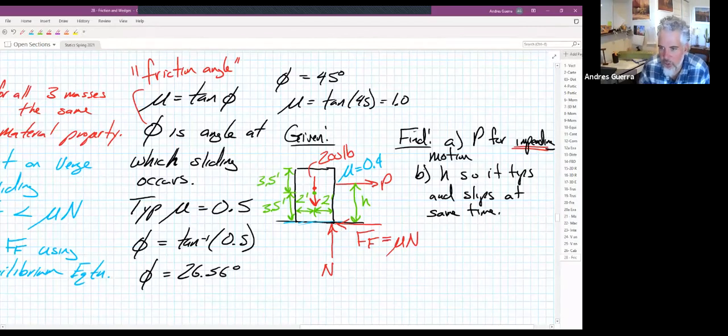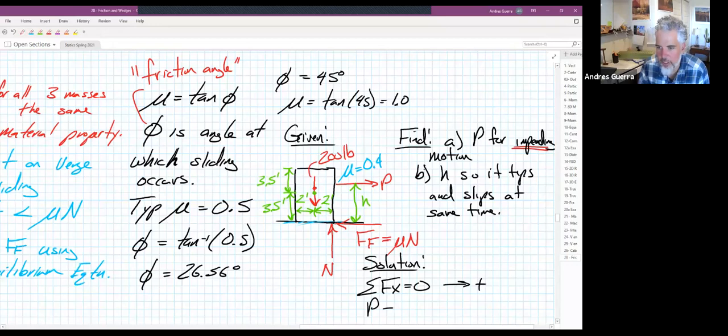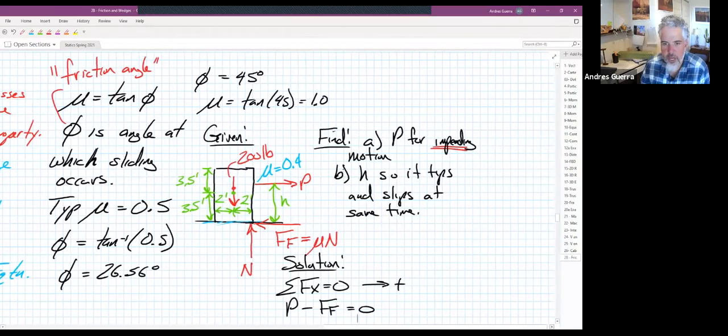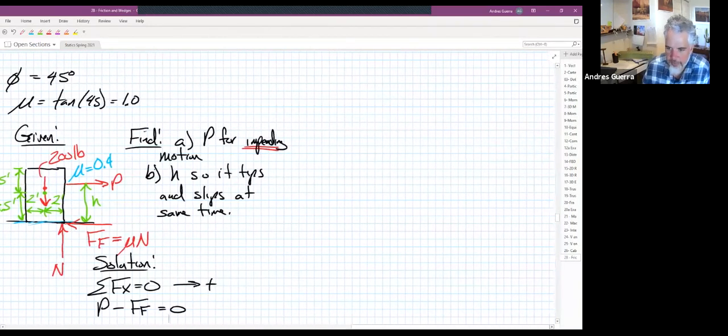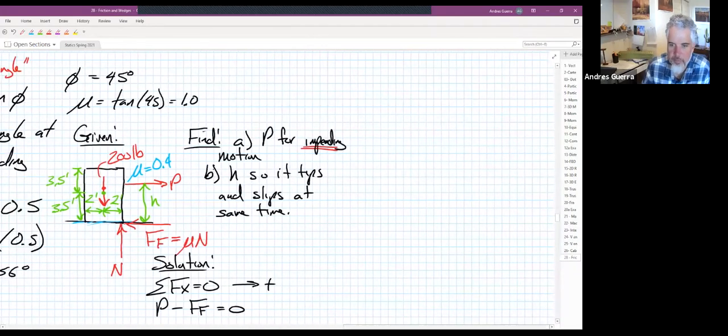For our solution here, we can find for part A, what if we just sum forces in the x equal to 0? We've got positive going to the right. Let's say we're going to have P minus our force of friction equal to 0. And so we can continue our solution over here.